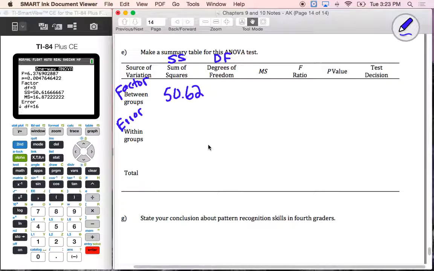And then we want to find the factor DF and the factor MS. Our F ratio, our p-value, and our test decision, we said reject.